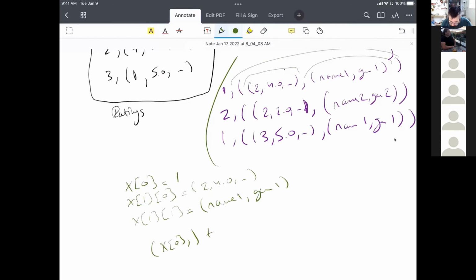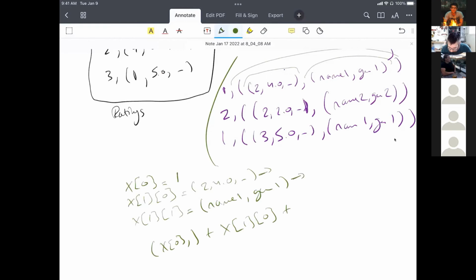So this is a tuple here, and then at x1, 0 we have this tuple, and then we can add it with this tuple right here.